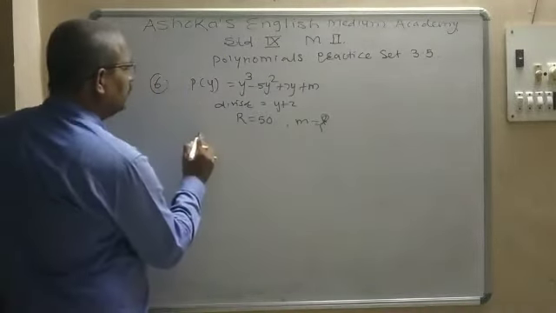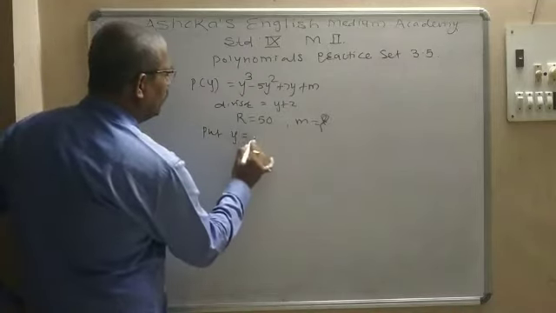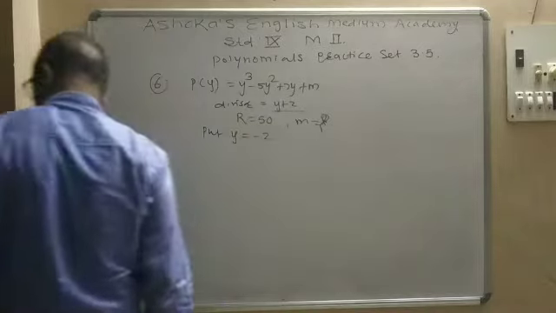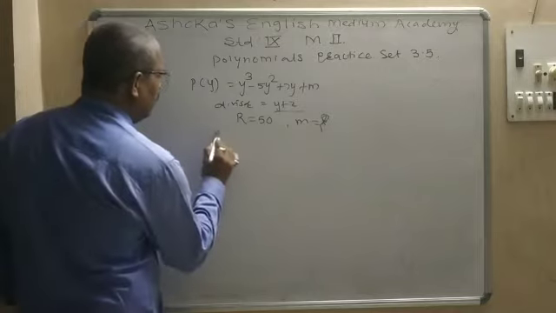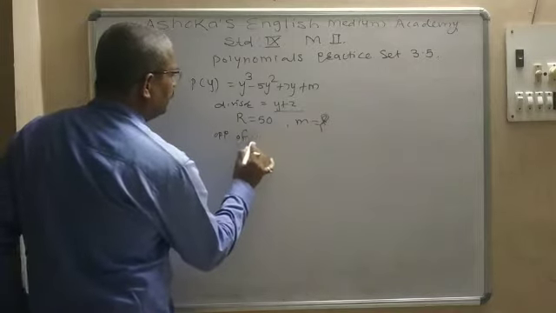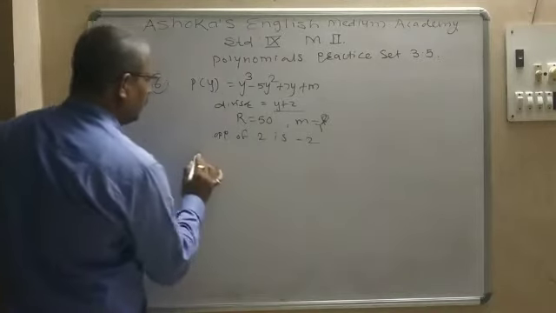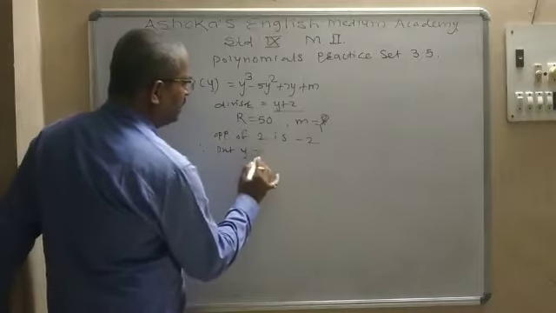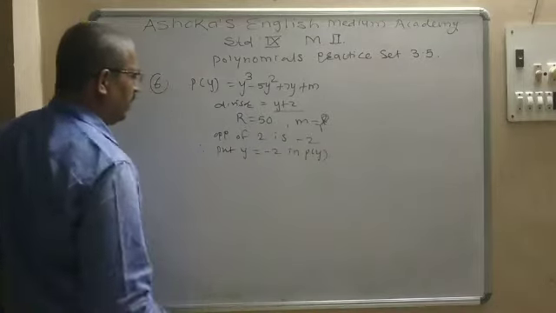Now put y is equal to minus 2, because here it is y plus 2. As usual, first we have to write the opposite of 2, which is minus 2. Therefore put y is equal to minus 2 in polynomial Py.